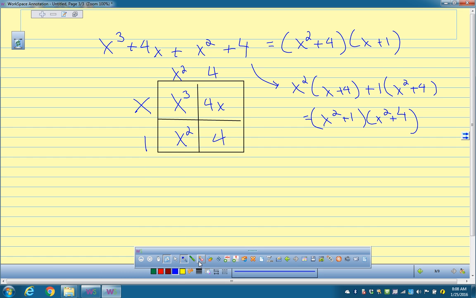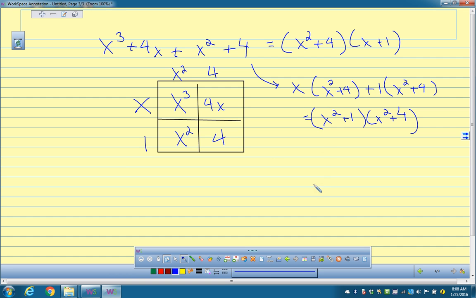So, good catch. In this one, the highest degree term that I could pull out of these two is an x squared, right? X squared times x, not an x squared, sorry. The highest degree term I could pull out of those two is just an x, right? So x times x squared plus 4.